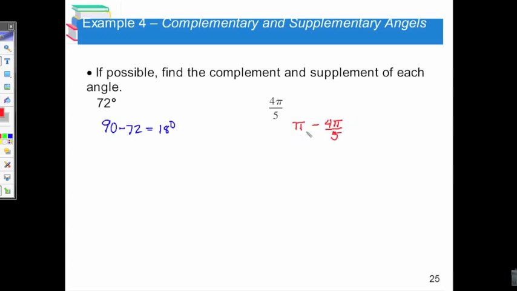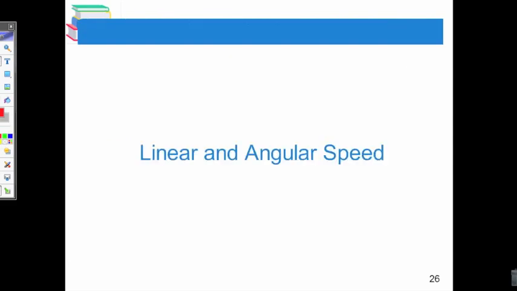And when I have to subtract or add fractions, I need a common denominator, so that's going to be 5 on the bottom there. And 5. So that means that my solution here is going to be pi over 5. Very good.